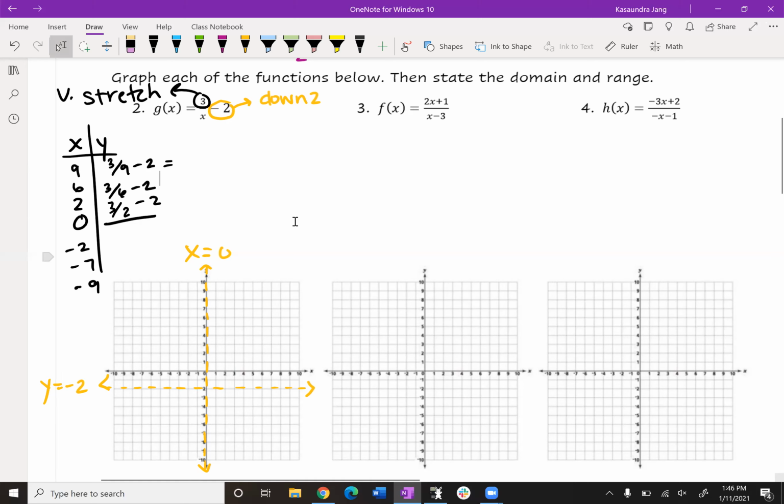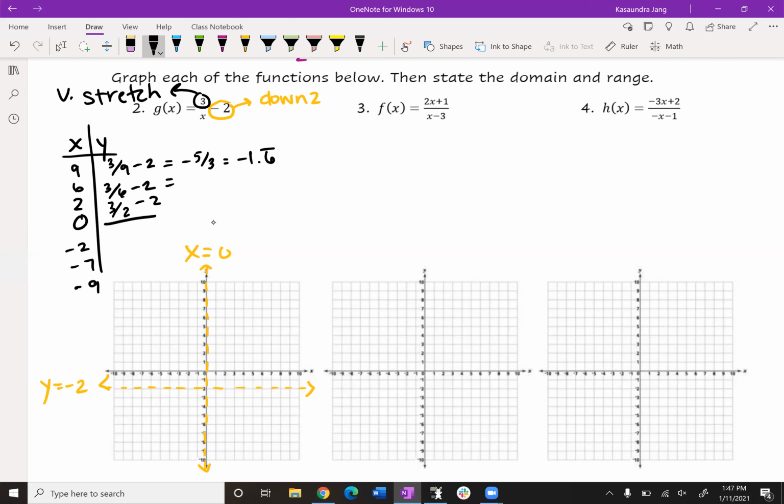Okay, so let's see here. 3/9 minus 2, it's like a third minus 2. So I'm gonna get a negative number, right? 1/3 minus 2 is like a -5/3, like a -1.6 repeating. If you want to say a decimal, you can put it that way.